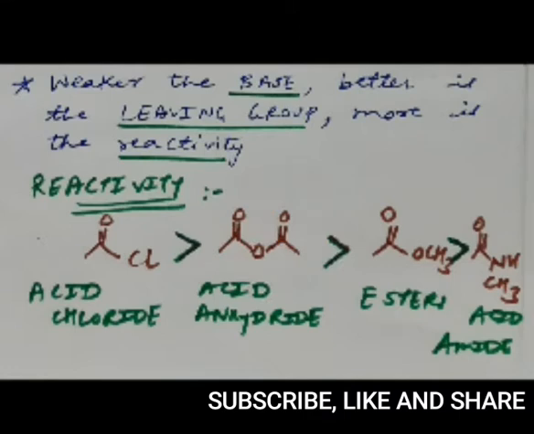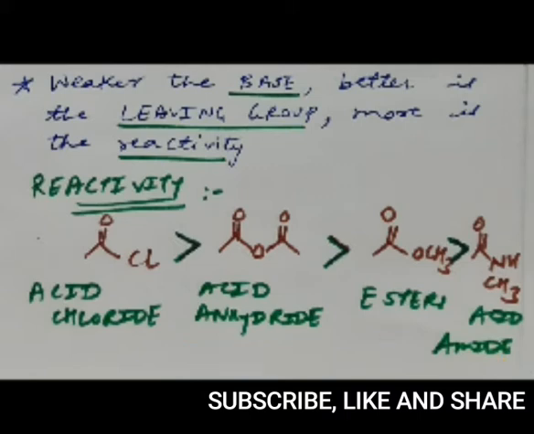So it's not a strong base, it's an intermediate strong base, somewhat less basic. Being so, it is again a better leaving group, and it is more reactive compared to the other two. So it can again undergo easy hydrolysis compared to esters and amides.